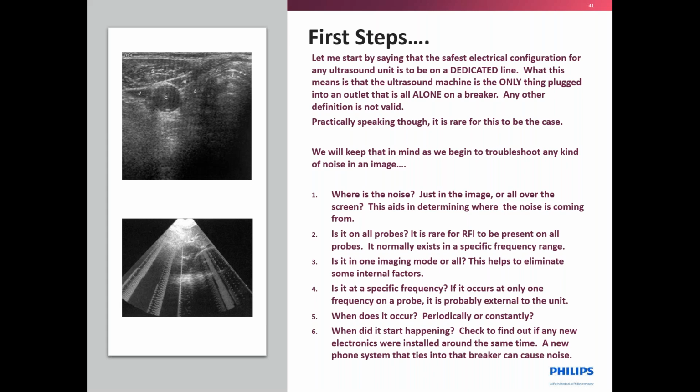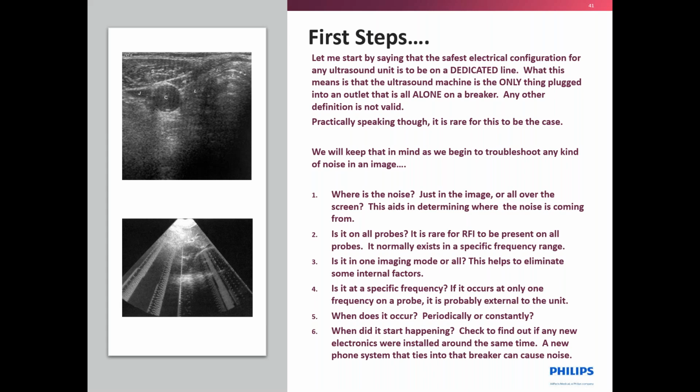Is it in one imaging mode, like color or Doppler or just the 2D image? This helps to eliminate some of the internal factors that could cause the noise. The next thing you want to ask is, is it at a specific frequency? If it occurs at only one frequency on a probe, it's probably external to the unit. When does it occur? Periodically or constantly?